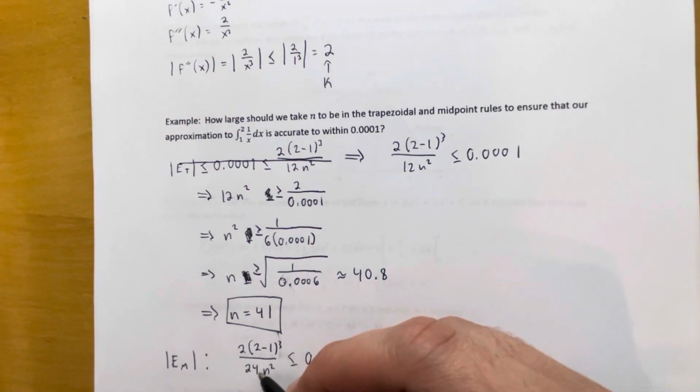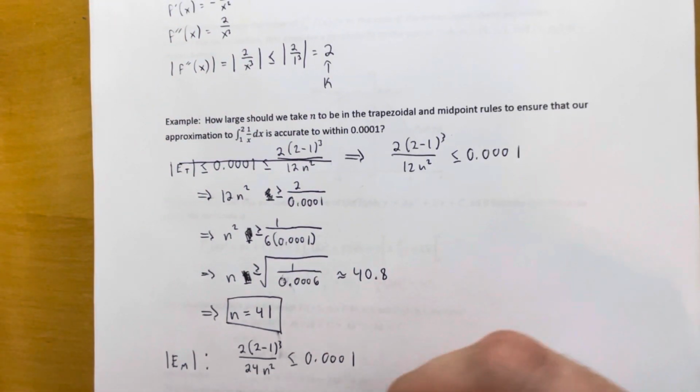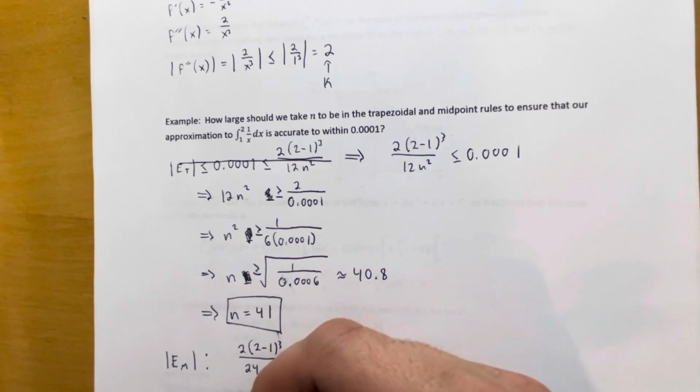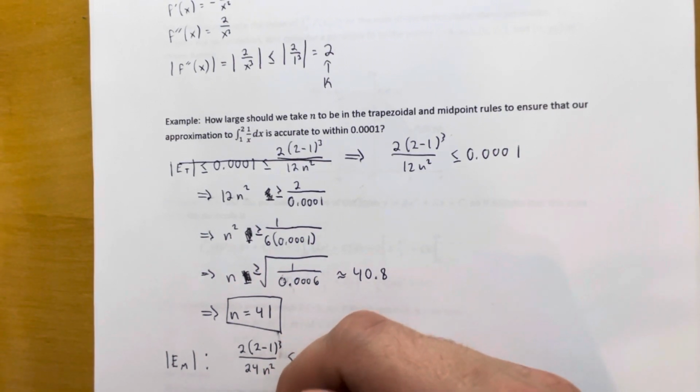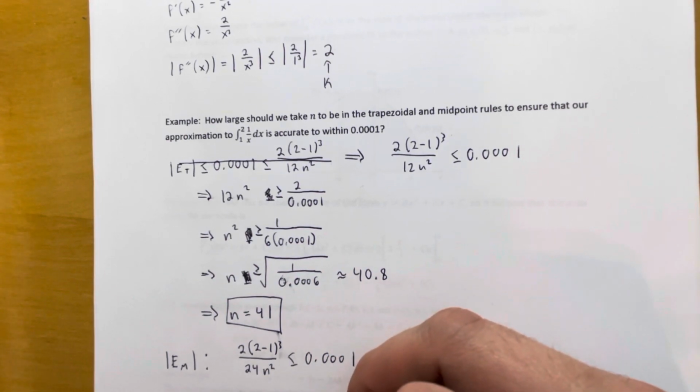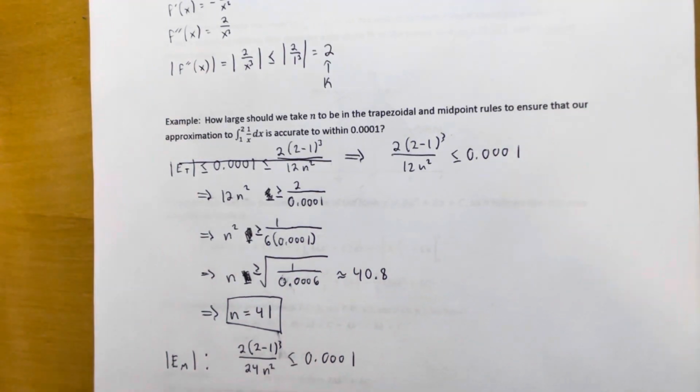So if I were to multiply both sides by this denominator, divide both sides by that, I'm going to get 2 over 0.0001 is less than or equal to 24n squared. And then I'm going to divide both sides by 24, which would give me 1 over 12 times 0.0001 is less than or equal to n squared.